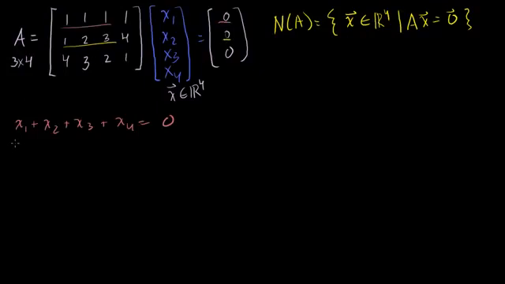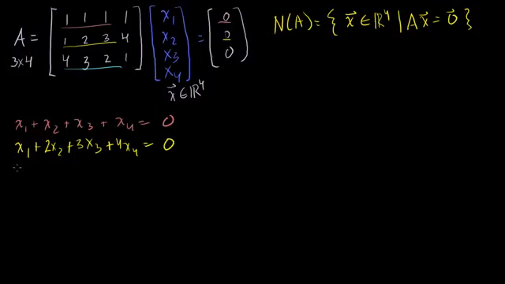So 1 times x1, so you get x1 plus 2 times x2, plus 3 times x3, plus 4 times x4 is going to be equal to that 0. And then finally, we have that times this vector should be equal to that 0. So you can have the dot product of this row vector with this column vector should be equal to that 0.